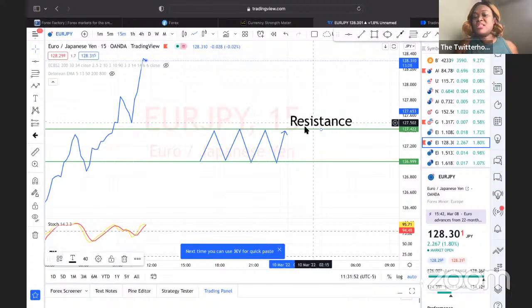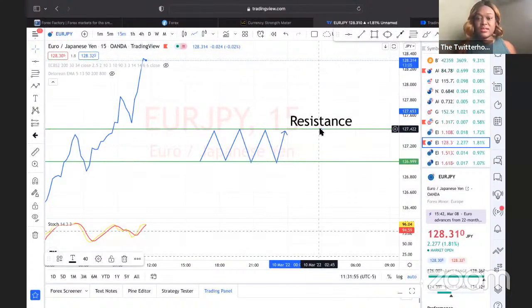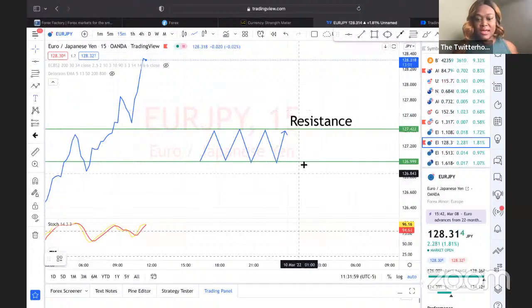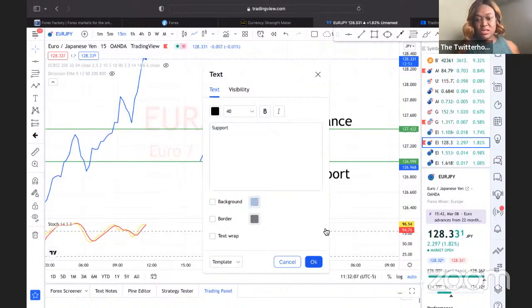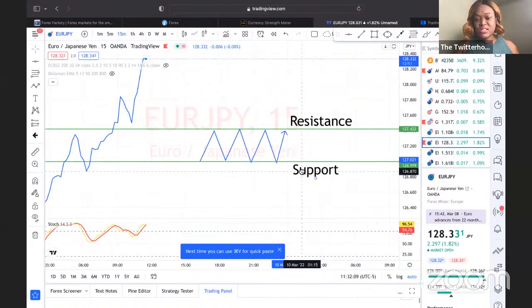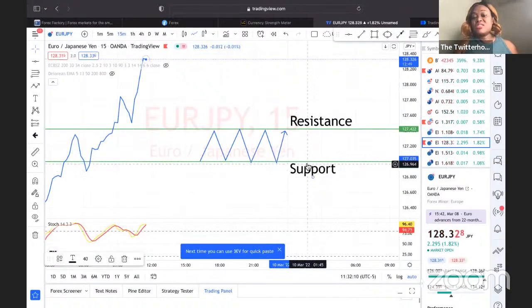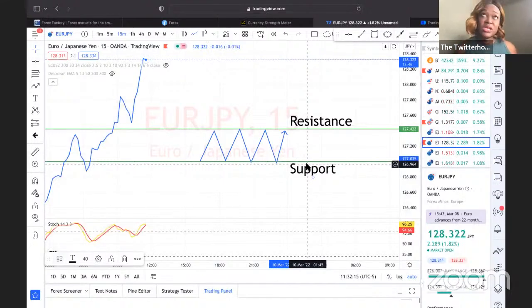This top line is resistance, or the ceiling, right? And this bottom line is called support, or the floor. You stand up on the floor, the ceiling is resistance up there, right?